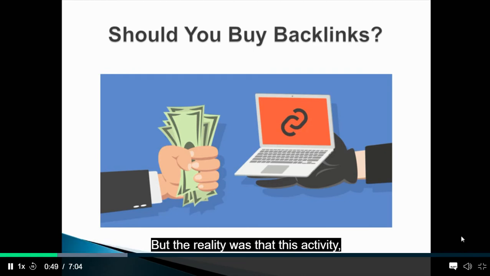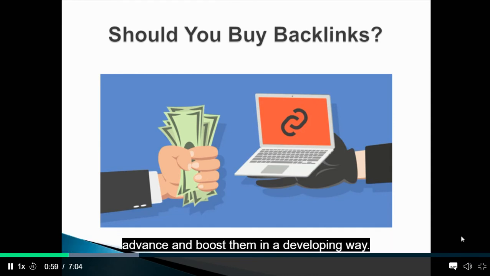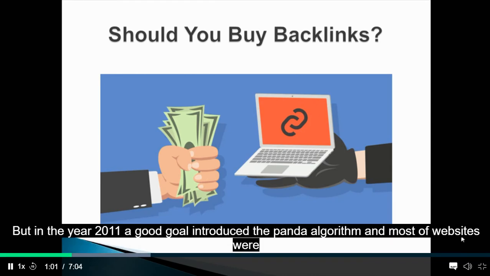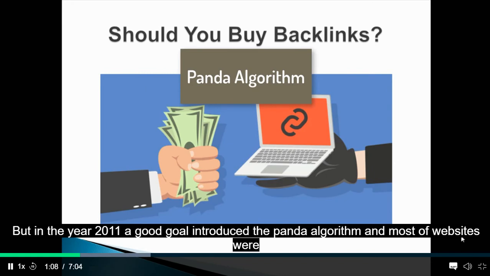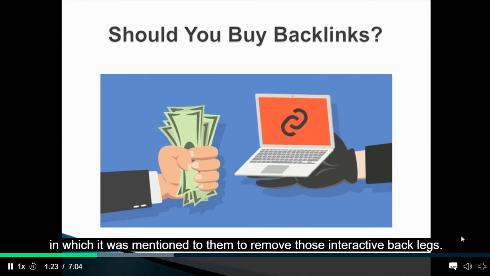But the reality was that buying backlinks from valid websites could help the other sites and could advance and boost them in a developing way. But in the year 2011, Google introduced the Panda algorithm, and most websites were given emails from Webmaster Tools or Google Search Console in which they were told to remove those artificial backlinks.